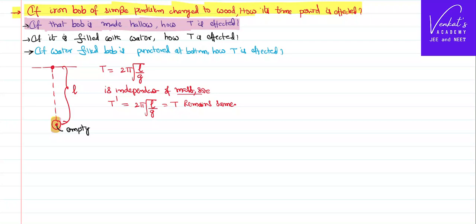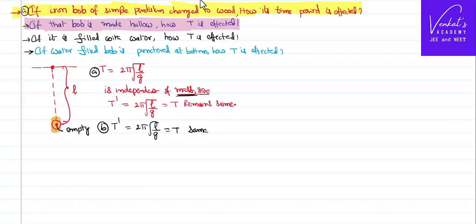Again the same answer. Why? When you empty it, it's only the mass that gets affected. Its mass becomes less, but the time period still remains the same. So for the first case, the answer remains the same, and for the second case also, the answer remains the same.